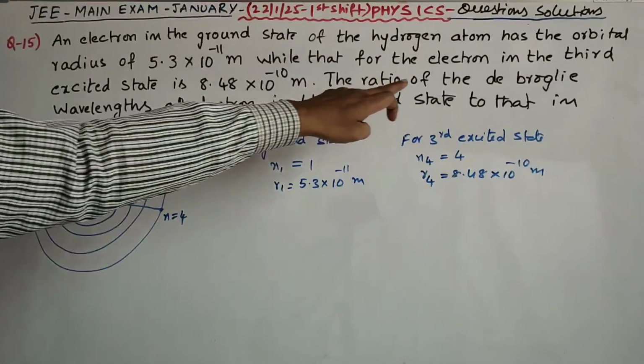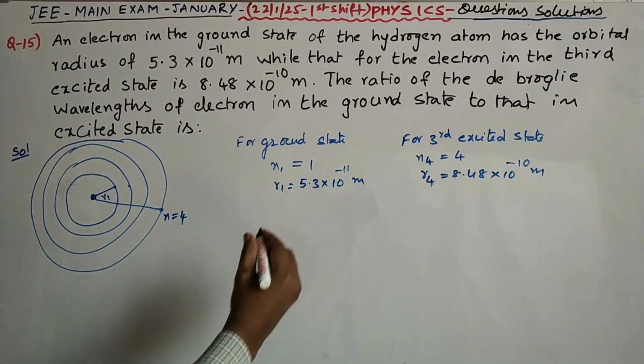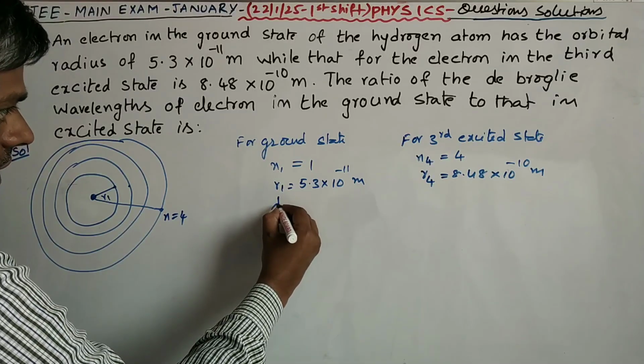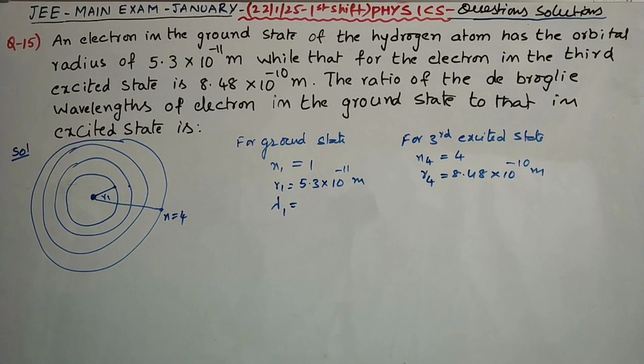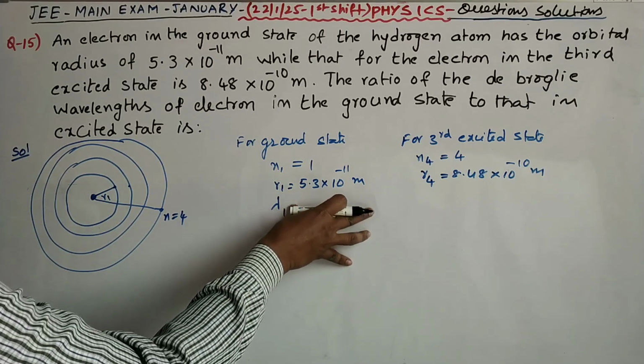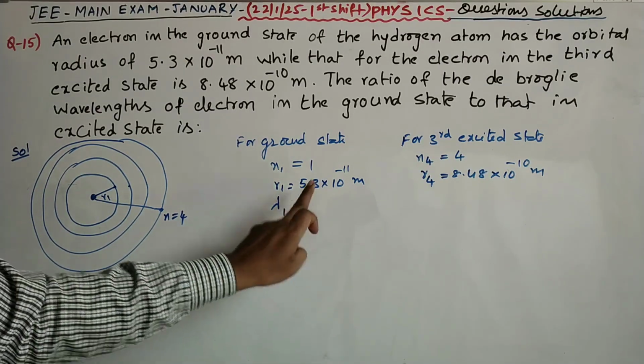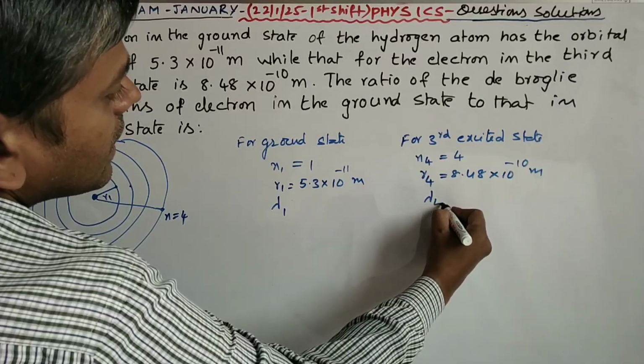So what is the ratio of the de Broglie wavelengths? The de Broglie wavelength of an electron in the ground state is lambda 1, and the wavelength of an electron in the third excited state is lambda 4.